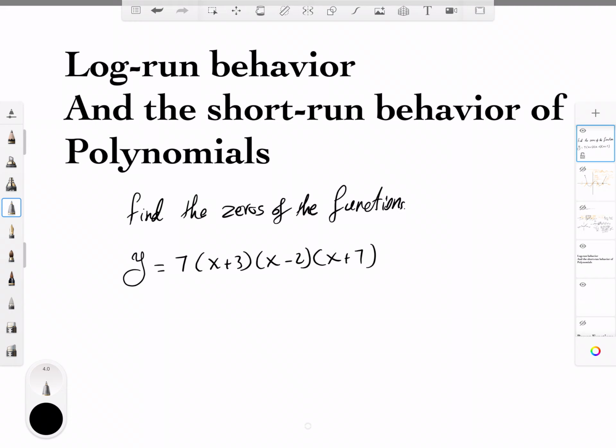So this is great. This is a polynomial, and they made it in factored form. They said find the zeros, that means we're going to make this equal to 0 and solve for x.